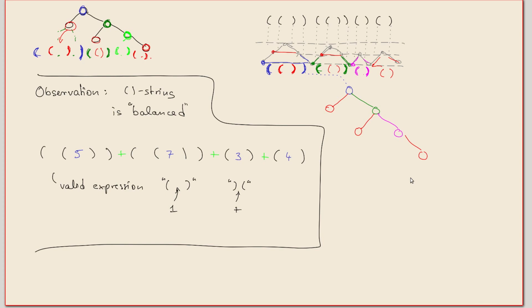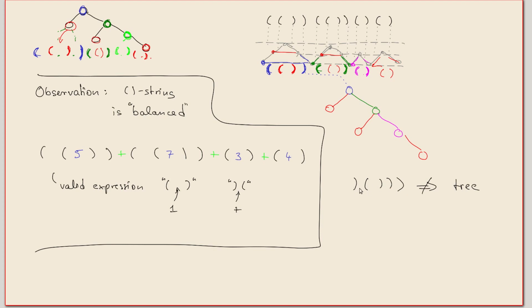So one last thing about this is, if my parenthesis string is not balanced, maybe it looks like this. This doesn't correspond to any tree. So there are more parenthesis strings than trees because not all parenthesis strings are balanced.